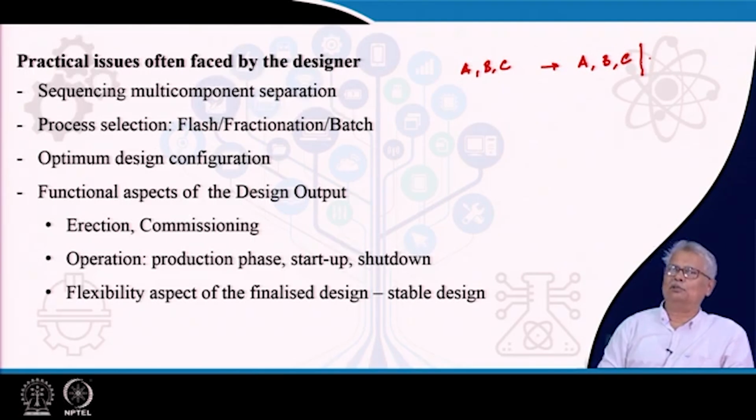It has to be produced efficiently, that means it has to be operated in the production phase, and which obviously means there will be startups and shutdowns. So all these facilities have to be there in the process that you design. So your distillation process should consist of considerations for erection, commissioning, production phase, startup and shutdown.